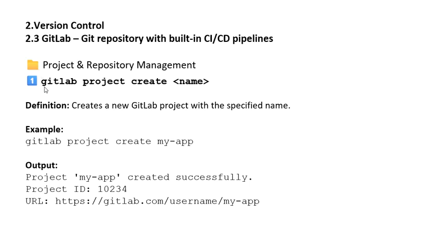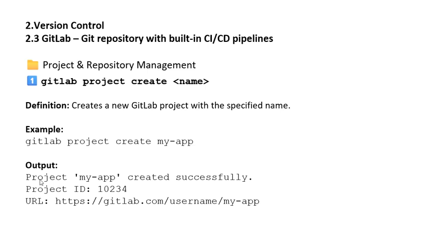The first command is gitlab project create with a name. The definition is: create a new GitLab project with a specific name. Example: gitlab project create, then the project name my-app.